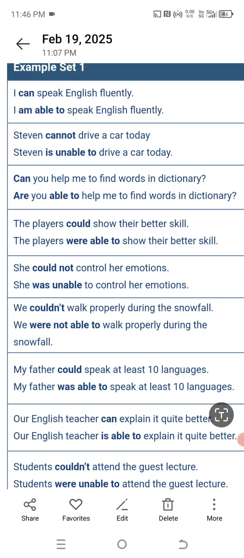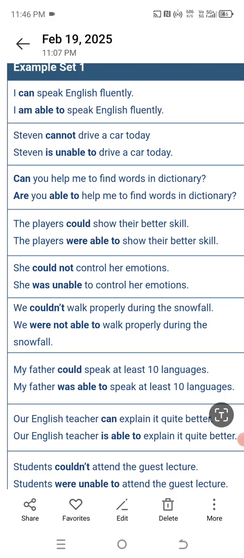My father could speak at least 10 languages. Here, in the given example, "could" is used, and that's why we should use the to be's correct past tense form. And here, the subject of the sentence is my father. So, the to be's past tense forms are was and were.